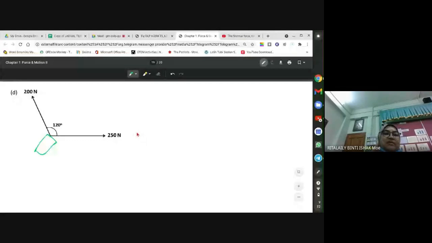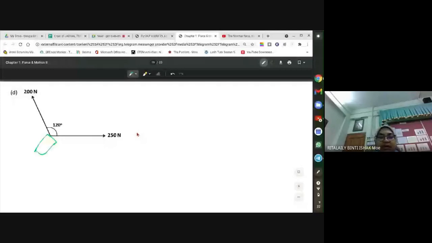Because this is your answer, this is your drawing, you choose your own scale. If you want it bigger, then use a bigger scale. The bigger your scale, the bigger your drawing, the more accurate your answer is. But don't go too big, because in SPM you only have an A4 paper. So use your judgment.